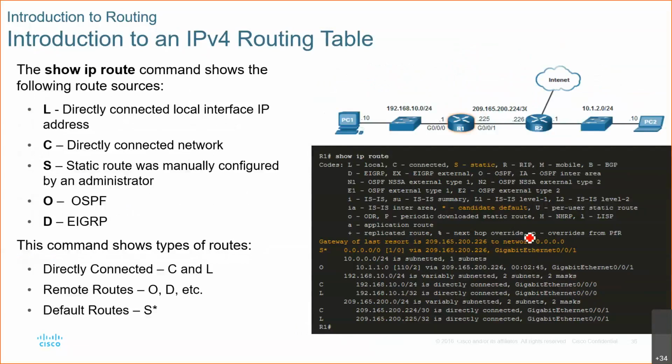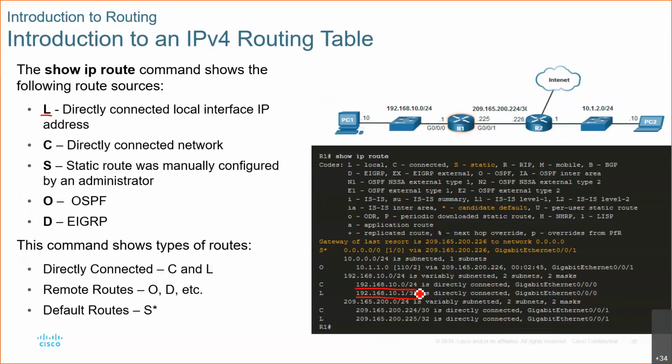You can actually give the command show ip route. It will give you different codes in your router. For example, L means directly connected local interface IP addresses. C means directly connected network. So L tells me this is the one, and C tells me this is the one.